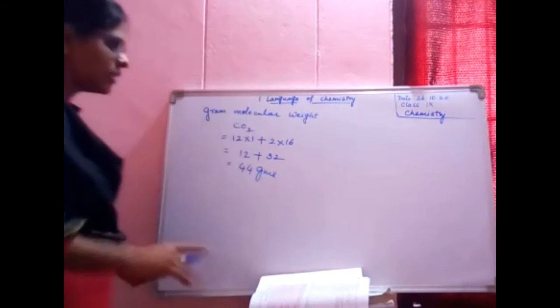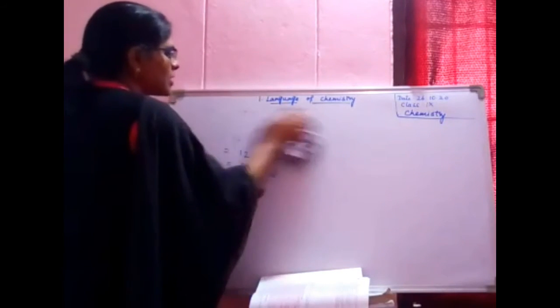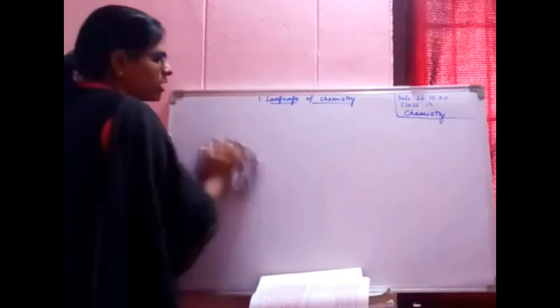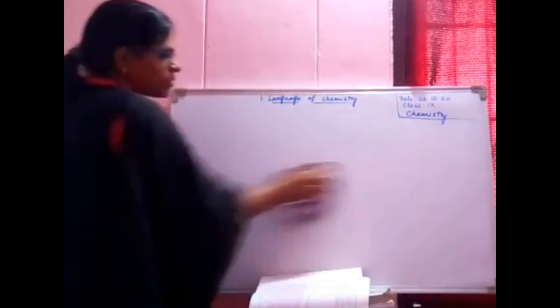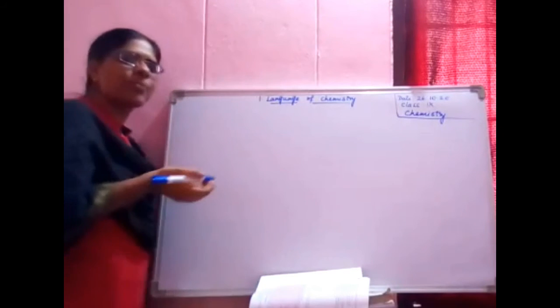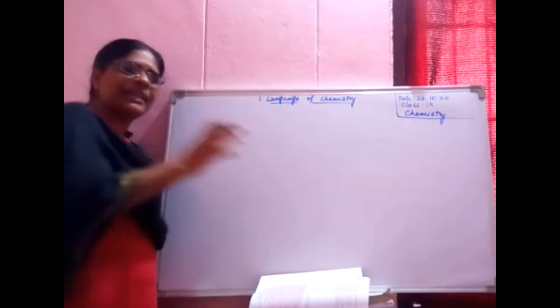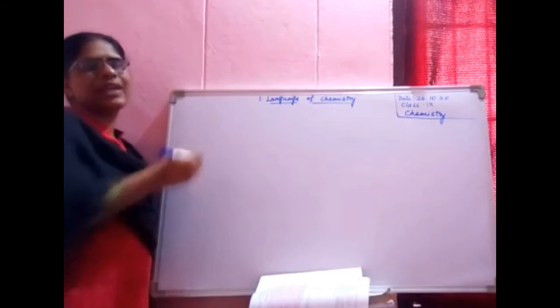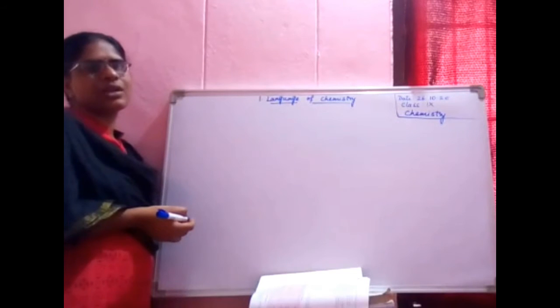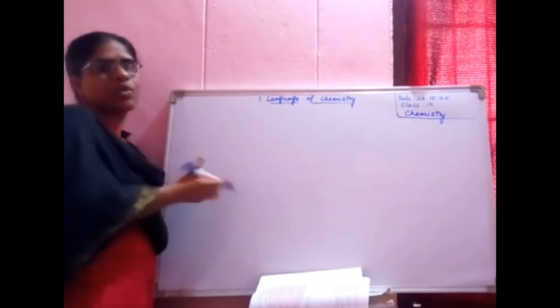Next, percentage composition. In this chapter, all are problems only. Okay? Percentage composition means in any compound, like we have done Na2SO4, now C6H12O6, CO2.